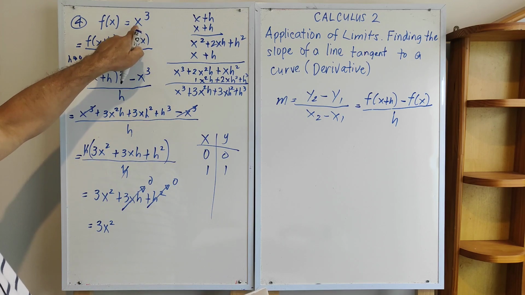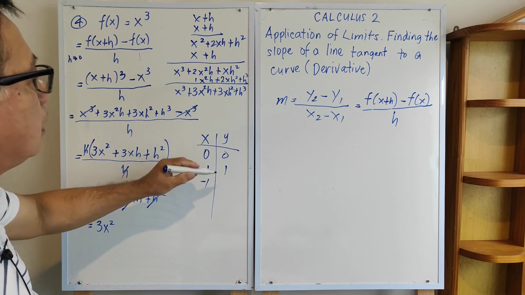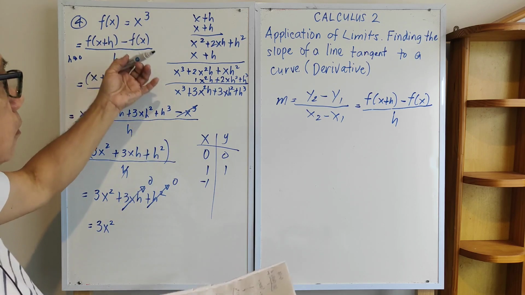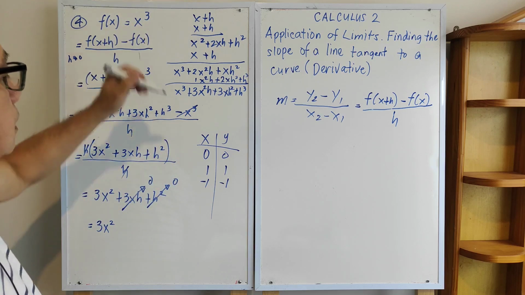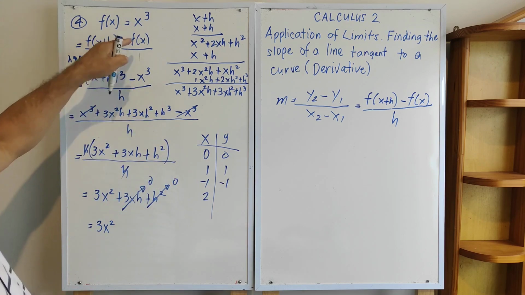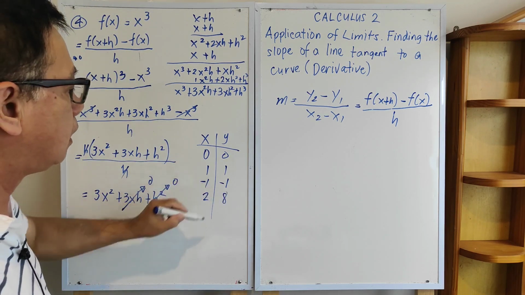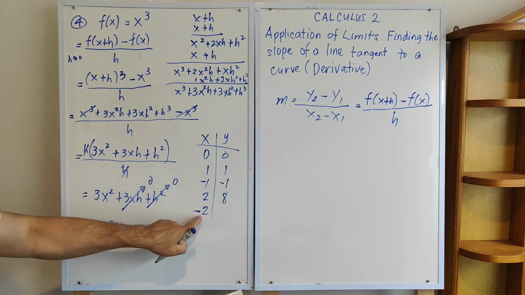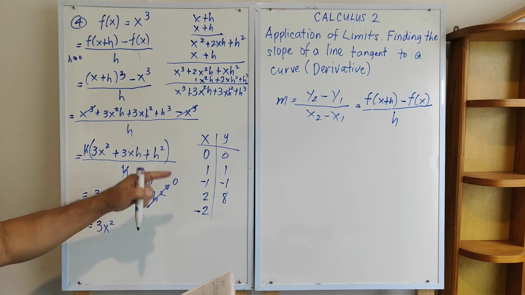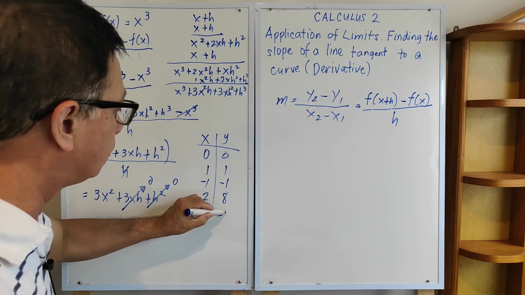If x is negative 1, negative 1 times negative 1 times negative 1 is still negative 1. If x is 2, 2 times 2 is 4, times 2 is 8. If x is negative 2, negative 2 cubed is negative 8.